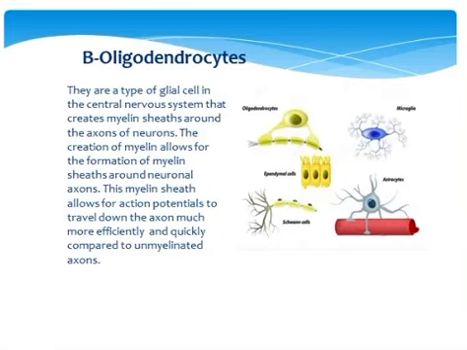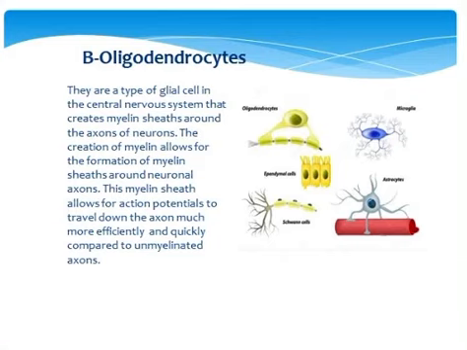Oligodendrocytes. This is a type of neuroglial cell in the central nervous system that creates myelin sheaths around the axons of neurons. The creation of myelin allows for the formation of myelin sheaths around the neural axon.